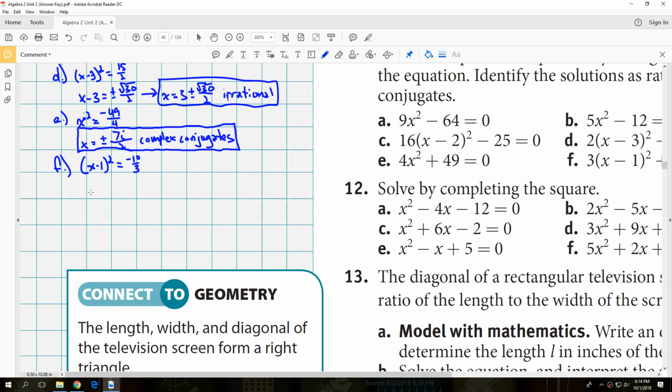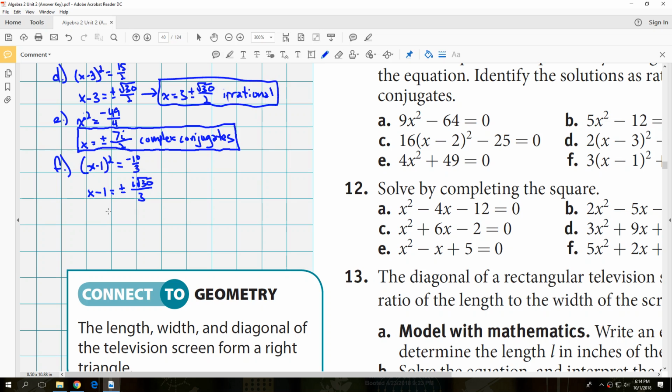And we're going to square root both sides, sorry. So the x minus 1 will pop out, and that's equal to plus or minus the square root of negative 10, which would be i times the square root of 10. Actually, I'm going to do this all at once. This would be the square root of 10 over the square root of 3, and I would multiply top and bottom by the square root of 3. So that would be the square root of 30 divided by 3.